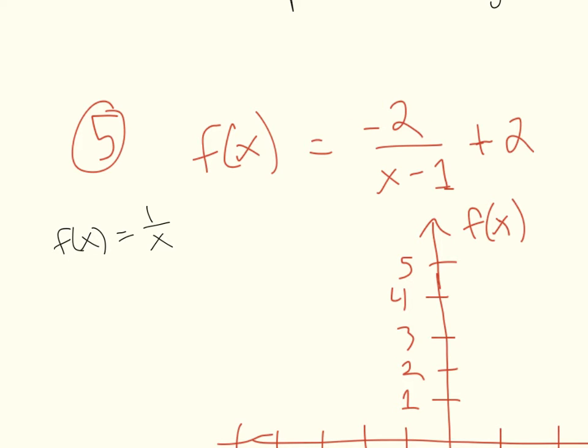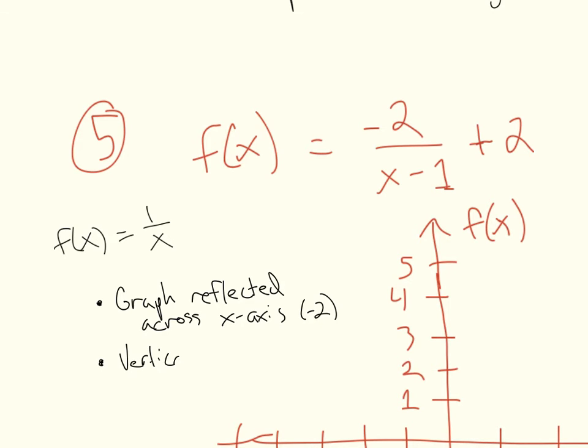So first of all, since it's negative, I know that the graph is reflected across the x-axis, since it is negative 2, the a is negative 2. That negative 2 also tells me that it's vertically expanded.